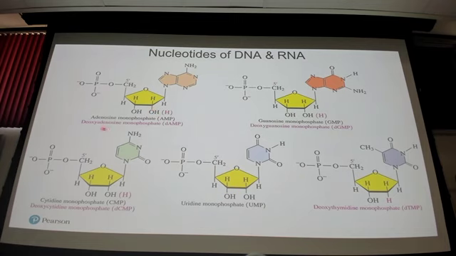The deoxyadenosine monophosphate shown in pink represents DNA, and it's showing just a hydrogen atom off of that 2nd carbon, because remember, DNA does not contain an oxygen on the 2nd carbon of the sugar. Any questions?